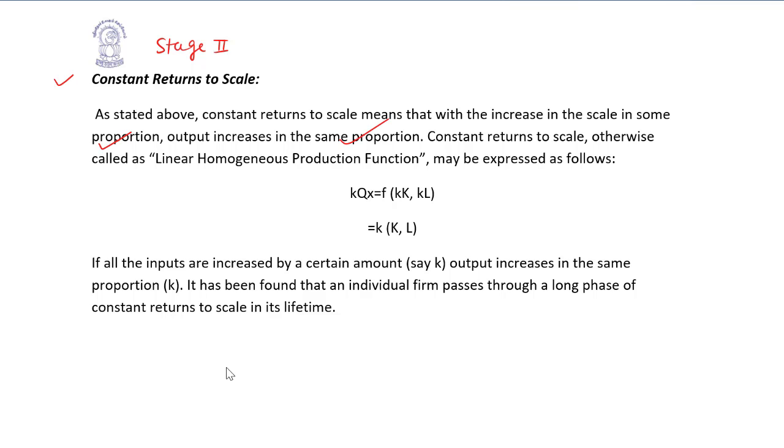Constant returns to scale is otherwise called a linear homogeneous production function. If all the inputs are increased by a certain amount, say K, output increases in the same proportion of K. It has been found that an individual firm passes through a long phase of constant returns to scale in its lifetime.